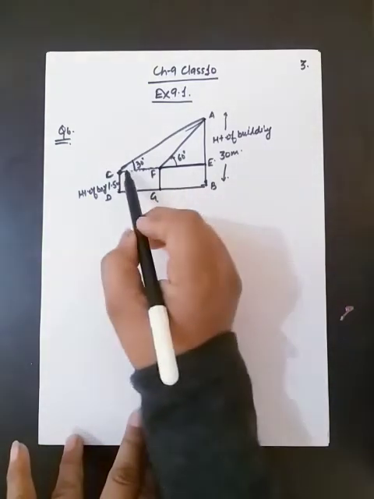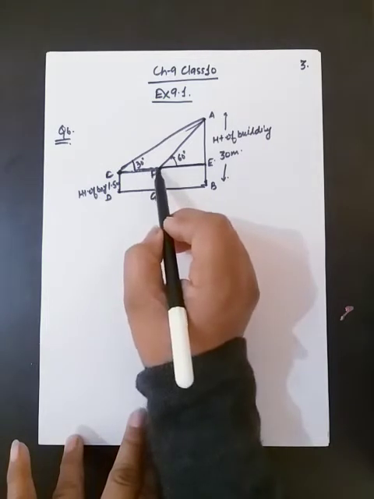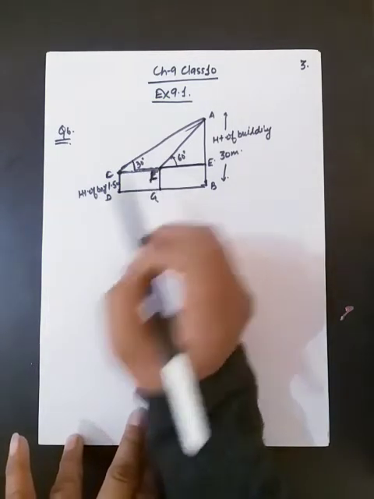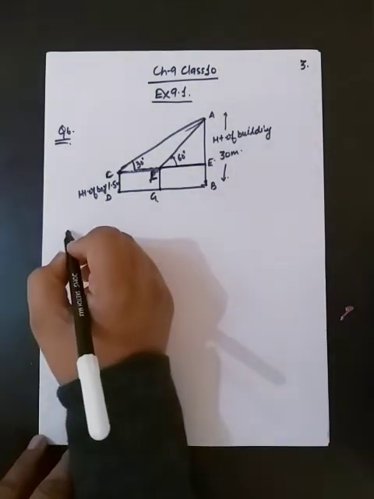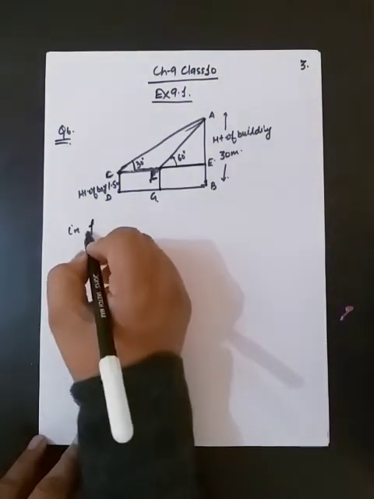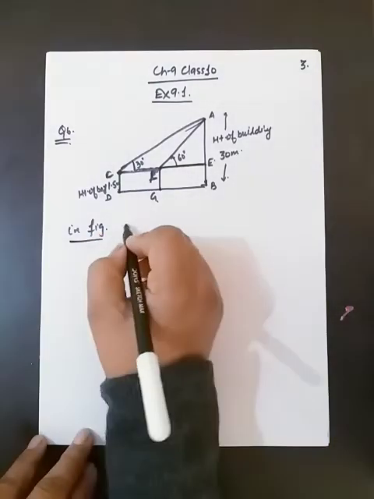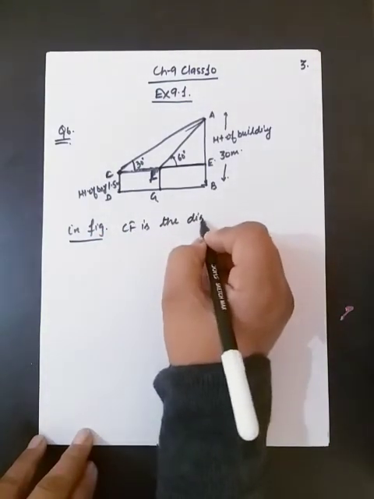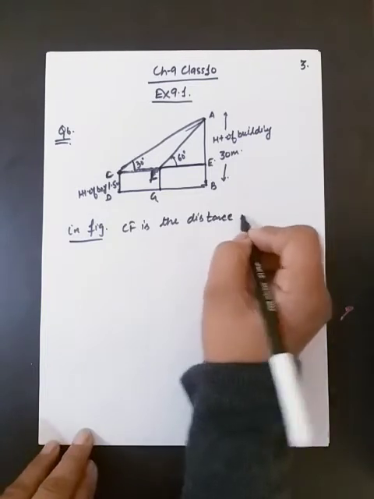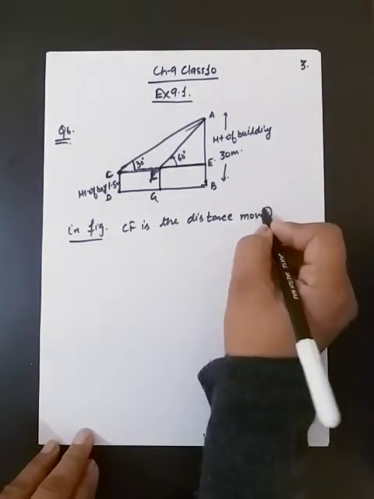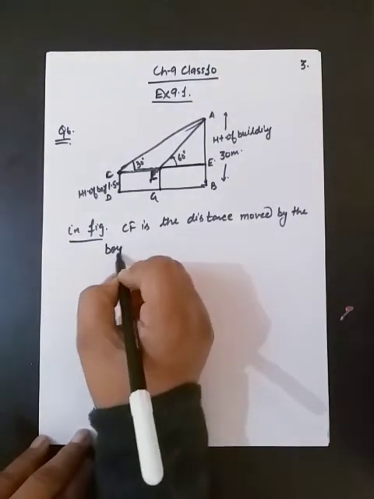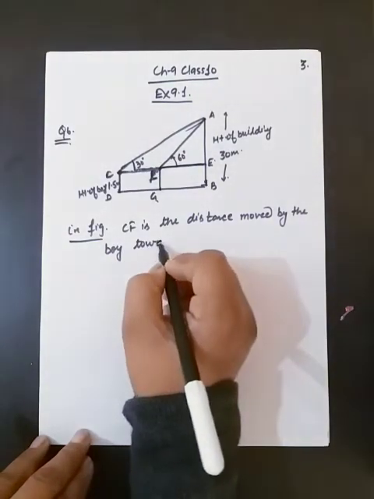So according to figure, CF is the distance moved by the boy towards the building.